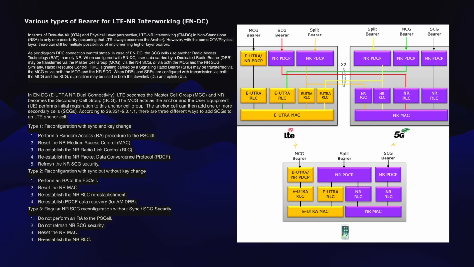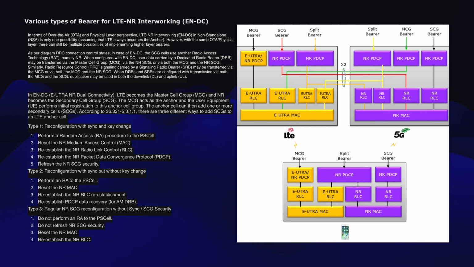When the DRBs and SRBs are configured with transmission via both the MCG and the SCG, duplication may be used in both the downlink, DL, and uplink, UL. In NDC, EUTRA-NR dual connectivity, LTE becomes the master cell group MCG and NR becomes the secondary cell group SCG.